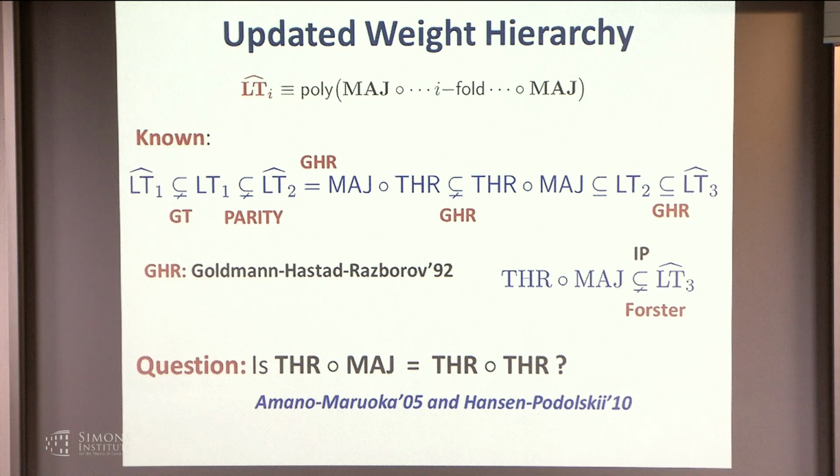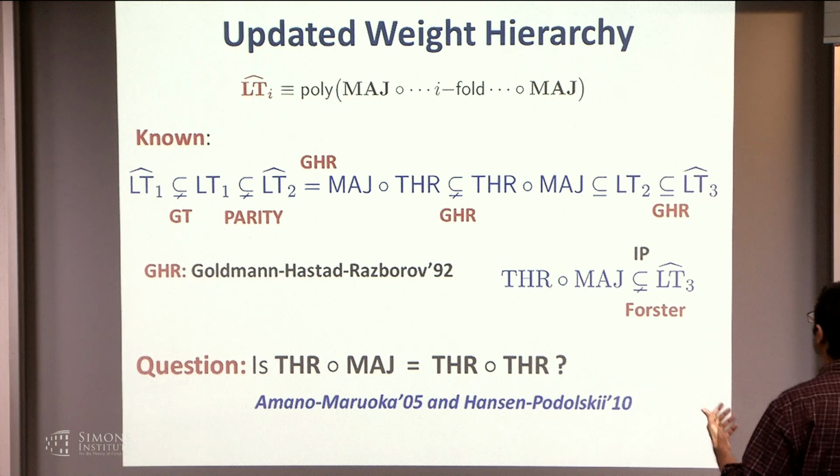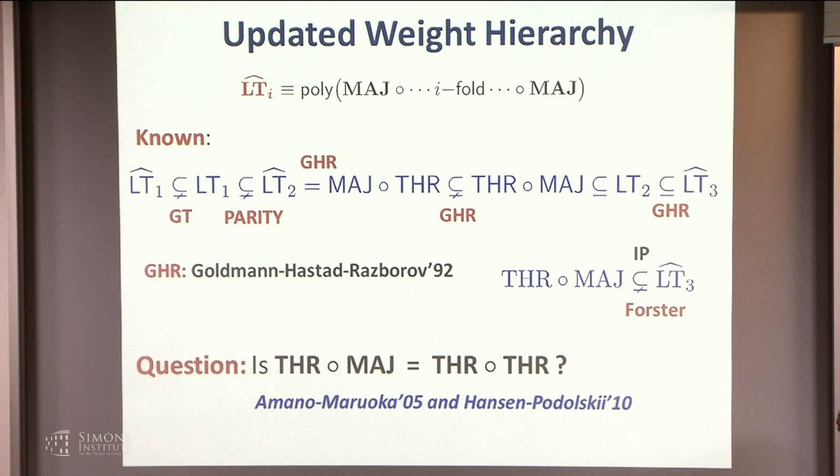In fact, it was interesting to note in yesterday's talk that as far as satisfiability algorithms are concerned, they seem to be algorithmically the same. Okay, so maybe threshold of majority is just the same as LT2, and it wouldn't be surprising because of this nice result due to Goldmann, Håstad, Razborov, who showed that majority of majority is the same as majority of threshold. So it's feasible that adding weights at the bottom do not matter.